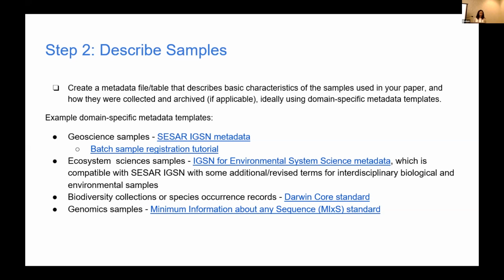These are all typically spreadsheet templates with just the basic sample metadata variables, similar to the information I showed on the last slide, with additional requirements based on that particular discipline. And if you have any recommendations on additional templates that we should add there, that would be really great feedback to give in the form.